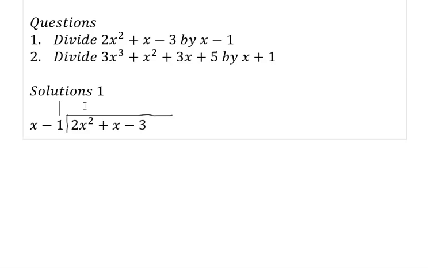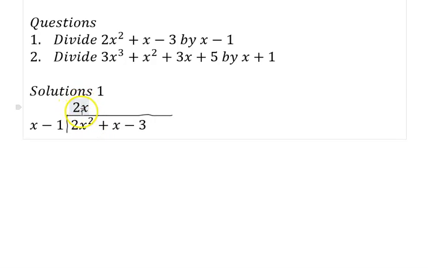So we are generating our quotient up here already. Let me come again: x in 2x squared will give you 2x. That's what we have here.